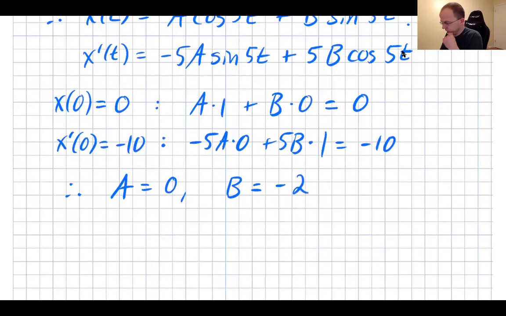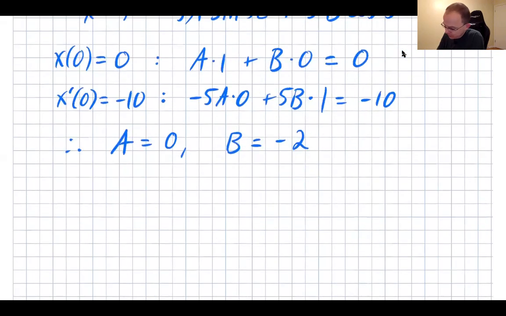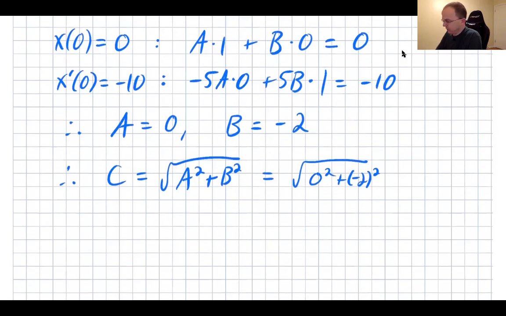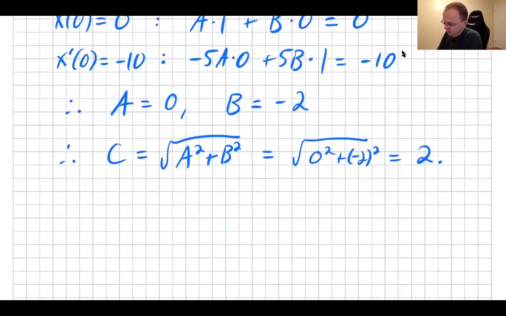So our amplitude is going to be the square root of a squared plus b squared. That'll be the square root of 0 squared plus minus 2 squared, so the square root of 4, and that will be 2. So there's our value of c. So c is equal to 2.